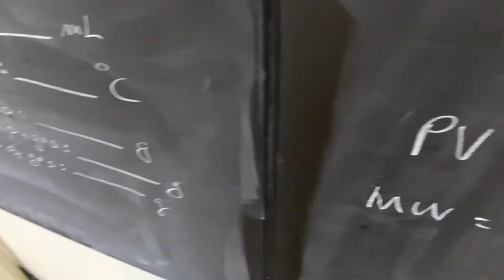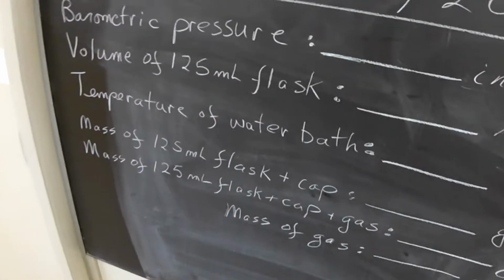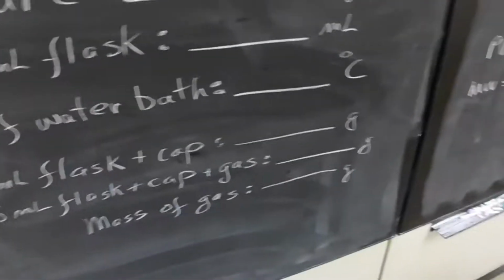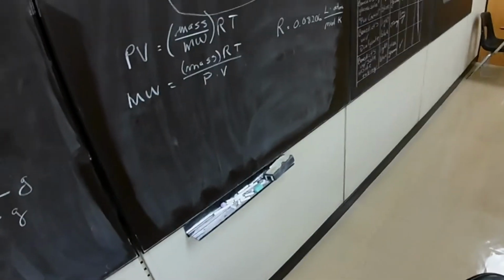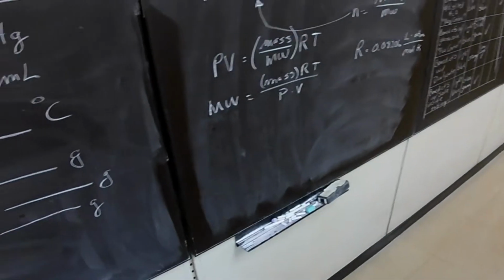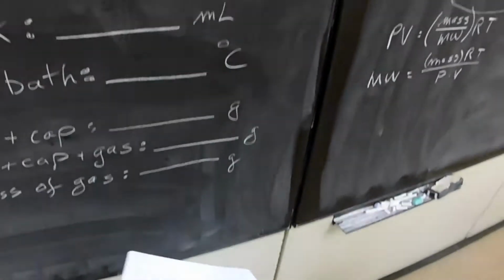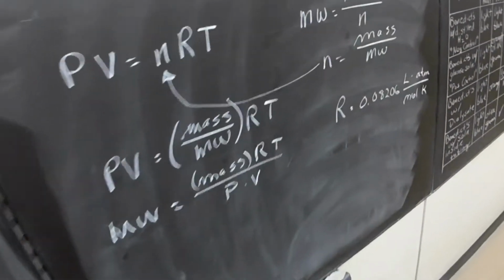Temperature is the temperature of the gas in the flask. So what's the temperature of the gas in the flask? Well, if you've already read the method, you know that the temperature of the boiling water bath is the same as the temperature of the gas inside the flask. All right?